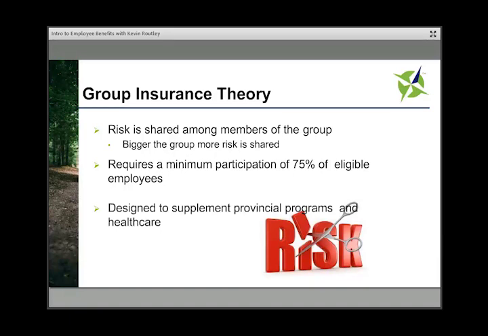One aspect of a benefit program that I think needs to be discussed is participation. Most employee benefit insurers over a 20-life group would allow 75% of eligible employees to join the program and still be considered a viable risk.